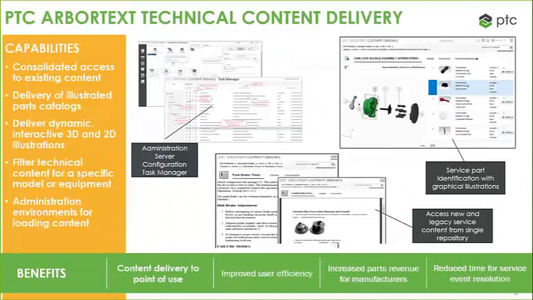So that brings me to the delivery solution that I was talking about. Arbortext content delivery is the solution which was formerly in Service, and we're just changing the name. It's still the great application for delivering your technical content. That content could be parts, it could be XML, it could be PDF.